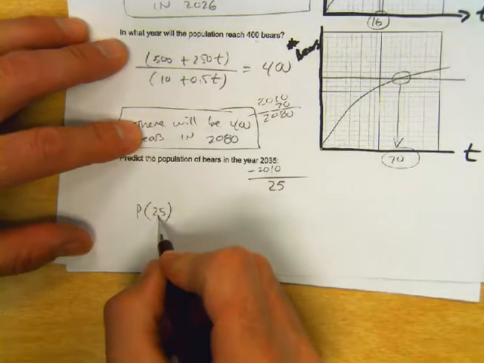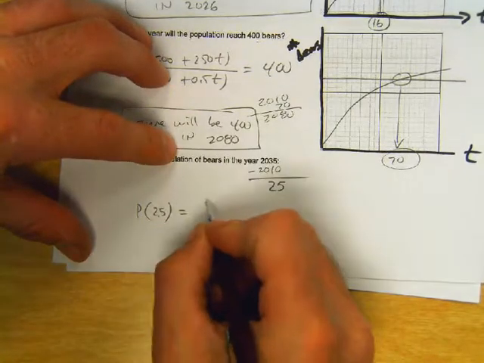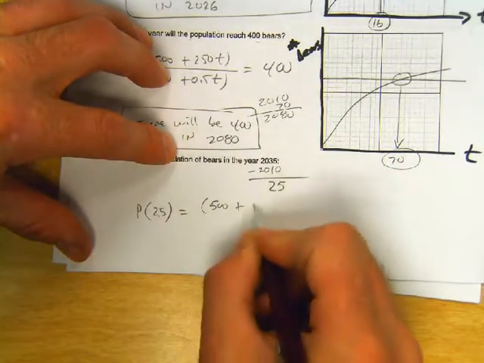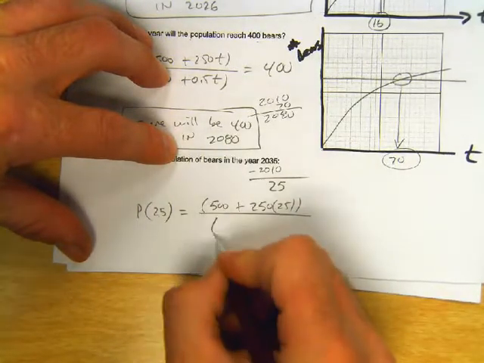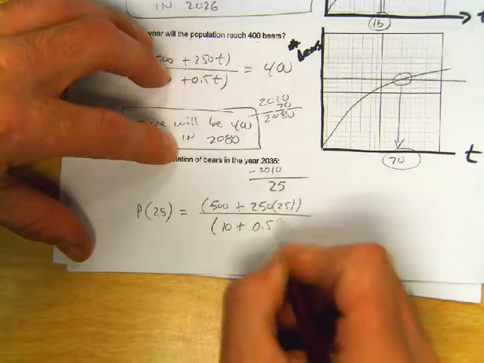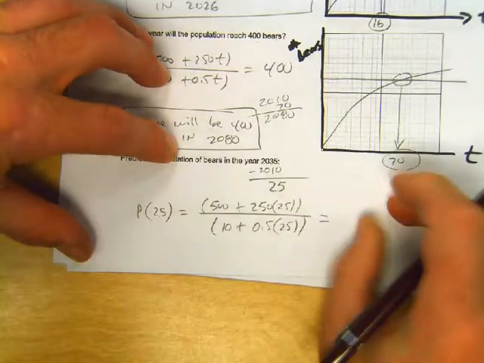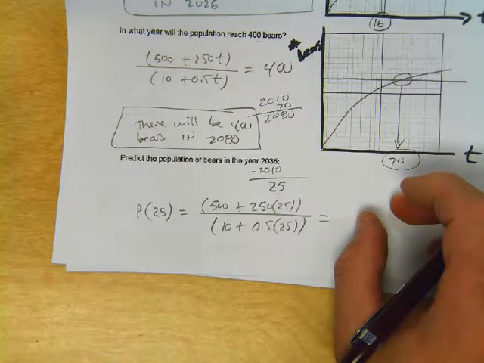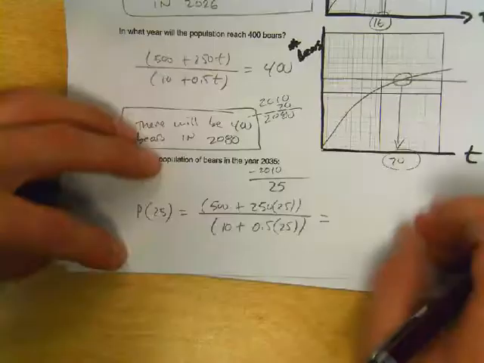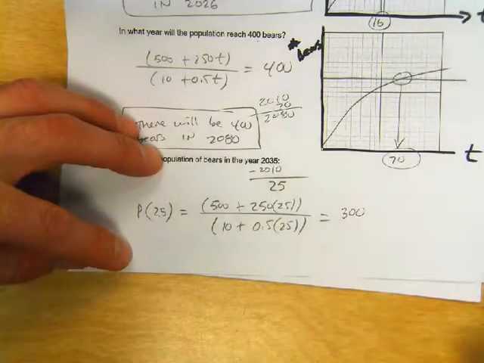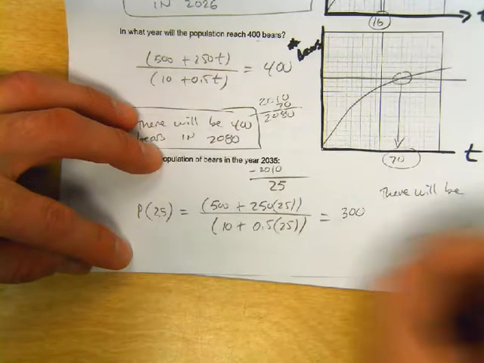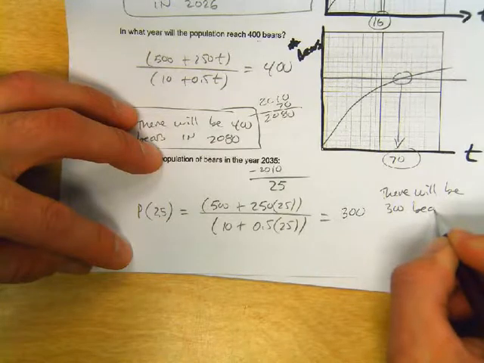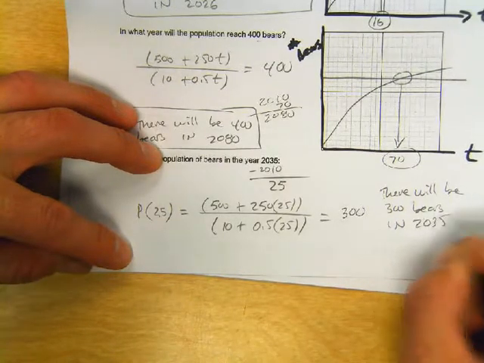So the population when t is 25 is equal to (500 plus 250 times 25) divided by (10 plus 0.5 times 25). And let's see, I'm going to sneak ahead. It looks like there will be 300 bears in 2035.